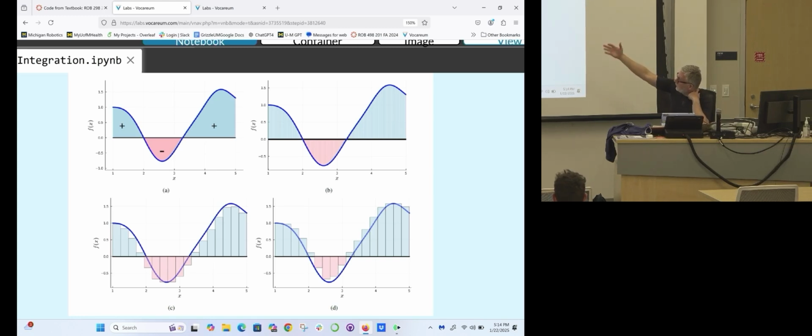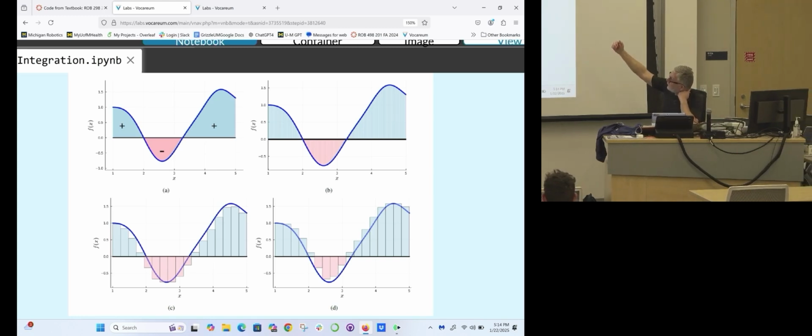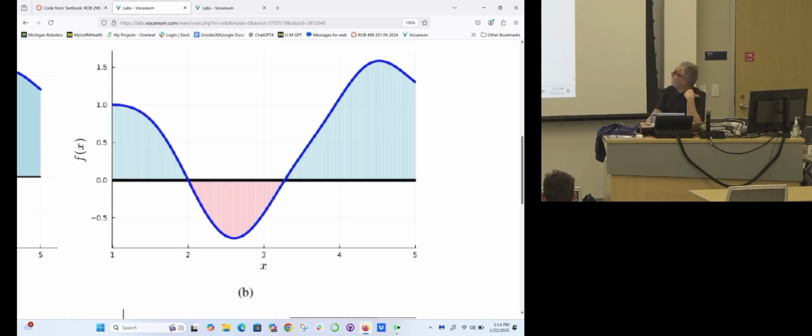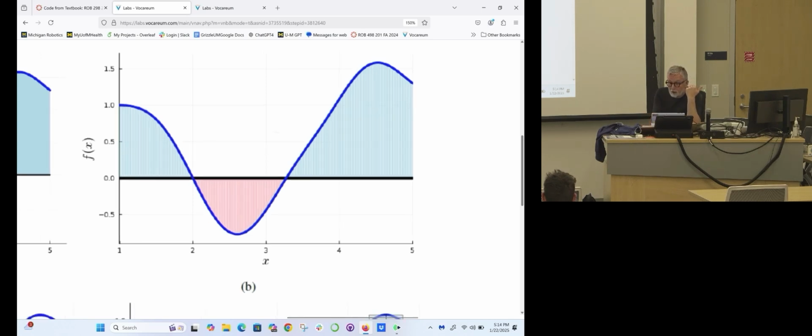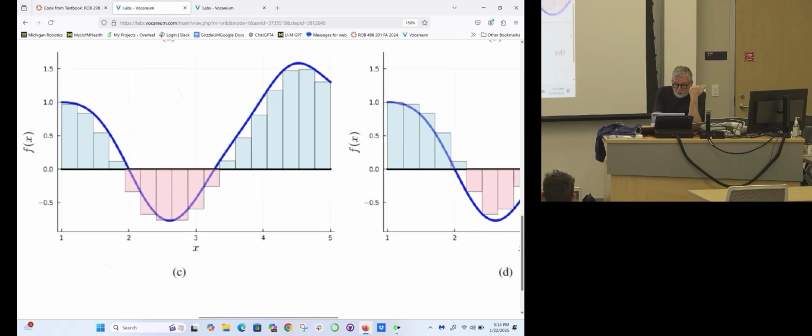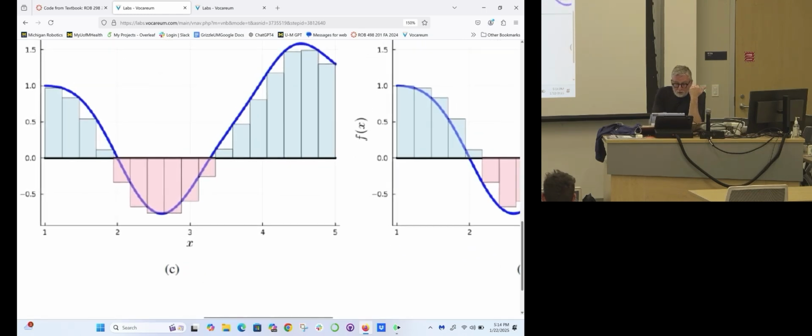We assign negative area where the function is below the x-axis, and positive where the function is above. Over here on the right, you can see I've got a ton of rectangles there. And there's so many of them, you sort of don't care whether I'm using max or min, but that's beside the point. So here I've exaggerated it a lot.